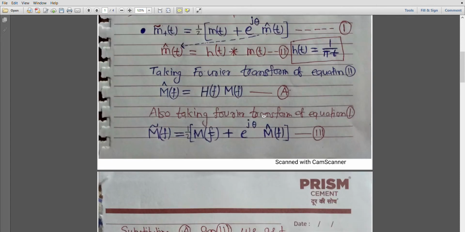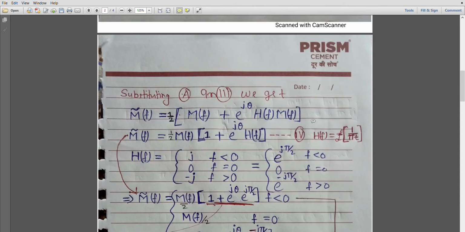Now if we substitute equation A, that is the Fourier transform of the Hilbert transform of m t, into equation 3, we get this equation, where M tilde f is equal to half M f plus e to the power j theta into H f into M f, where H f is the Fourier transform of 1 over pi t.